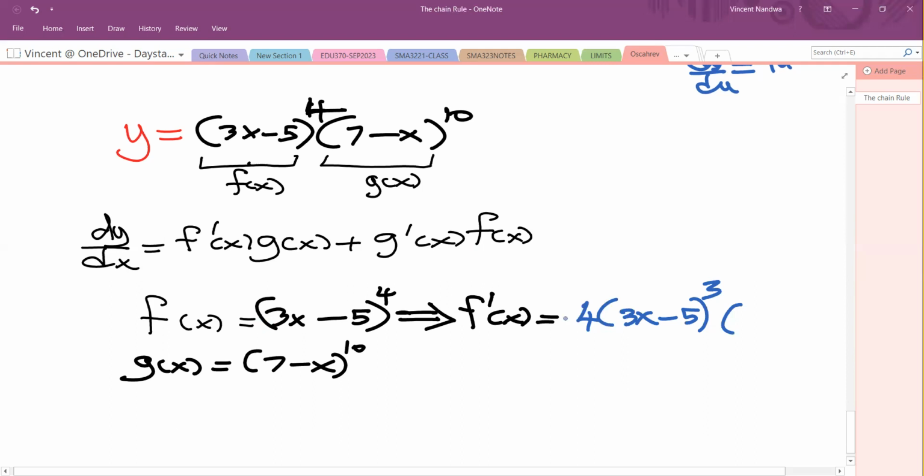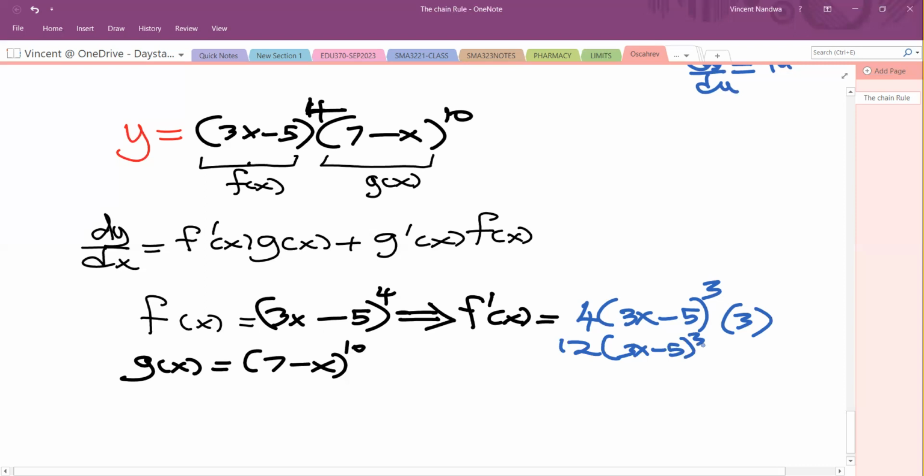So when you differentiate inside, you get 3. You use the power rule: you drop 4, reduce the power by 1, then differentiate inside and multiply. That's really similar to what you have been doing. So which will be 12 into (3x minus 5) power 3.